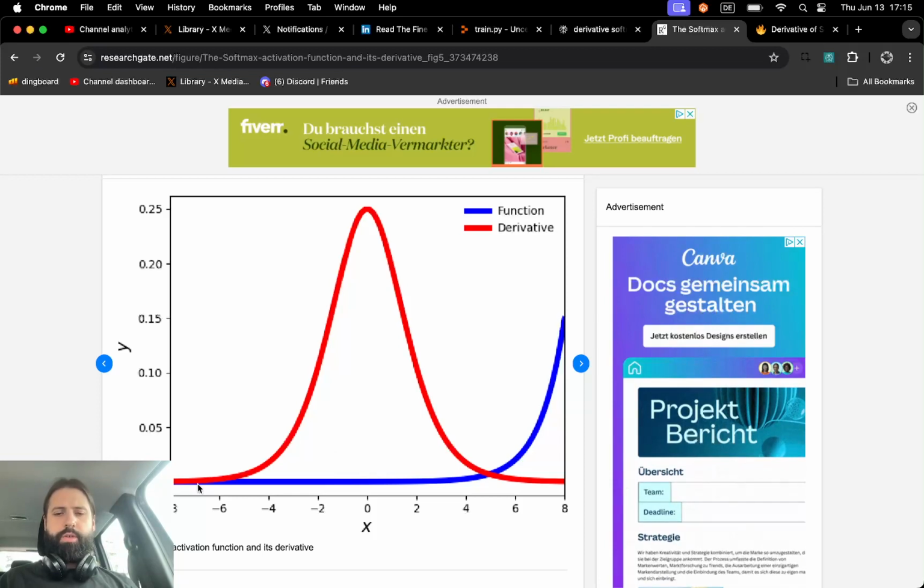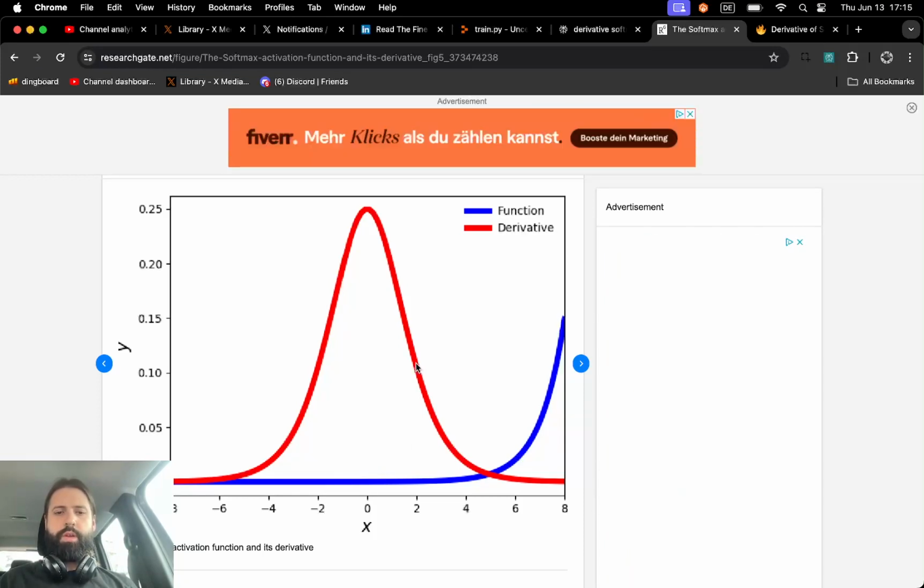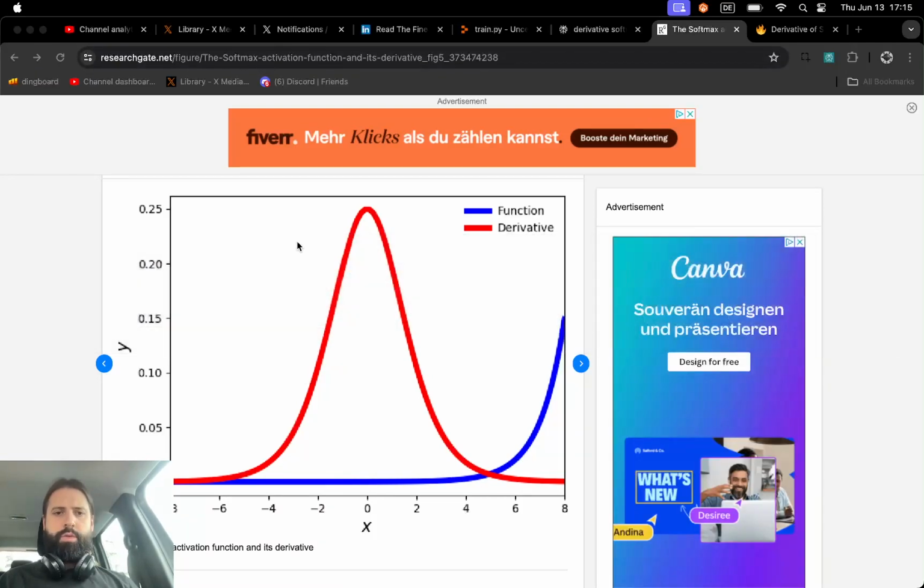Then a lot of values are just going to be zero, because this is a very narrow interval. Whatever is below or after -4 and +4 is always going to be zero.